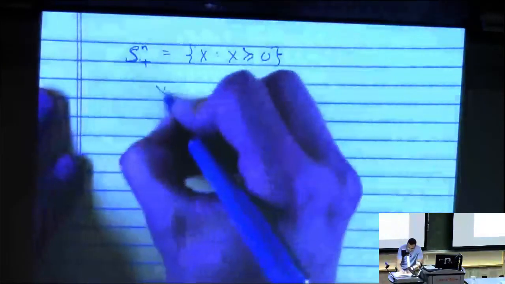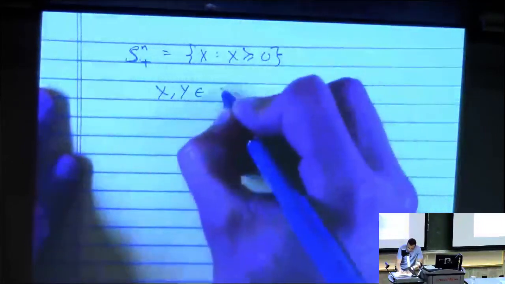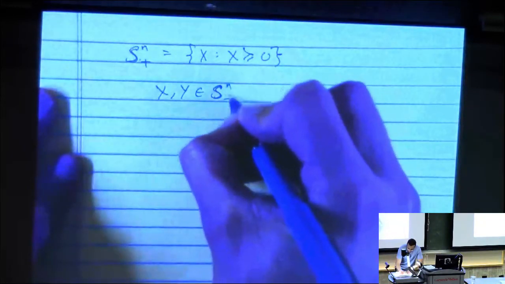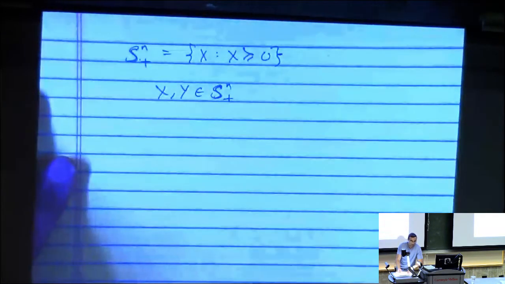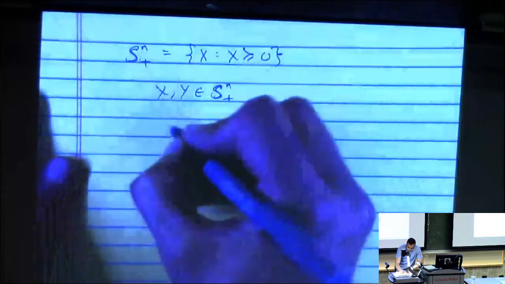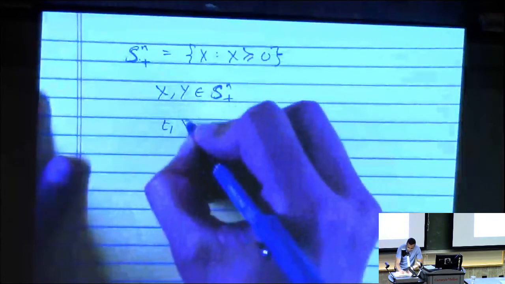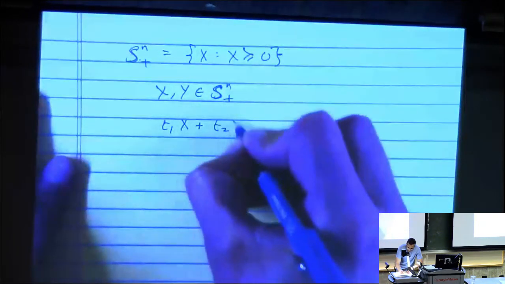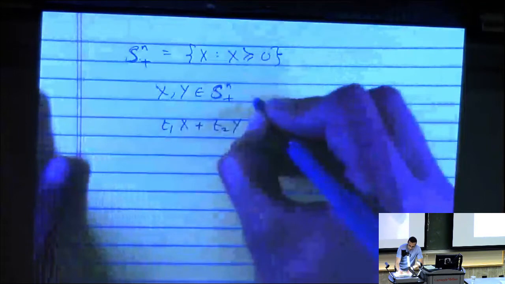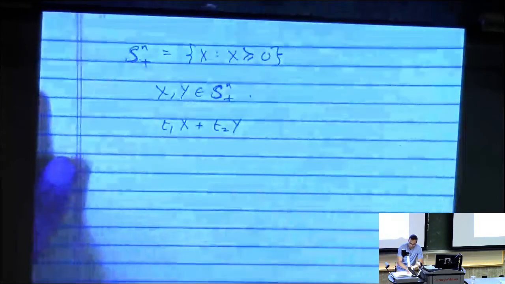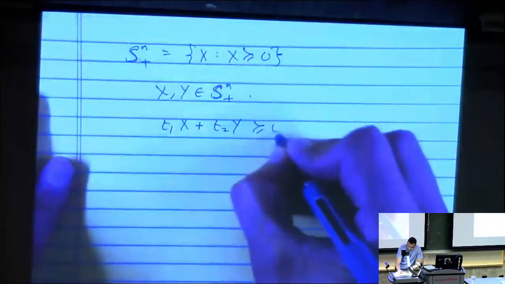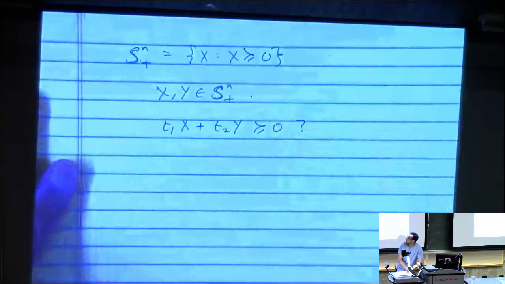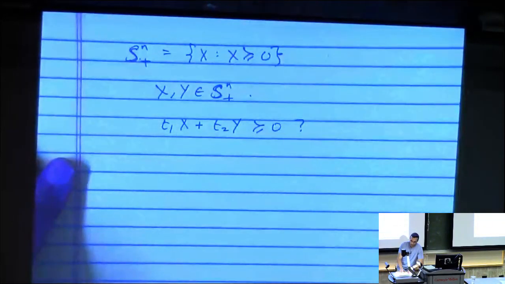So let's suppose I have x and y that are symmetric n by n matrices that are also positive semi-definite. And now I want to take, as an example, t1x plus t2y for any non-negative t1 and t2. And I want to check if this is PSD. So if that's true, then I will have checked that the positive semi-definite cone is a convex cone.